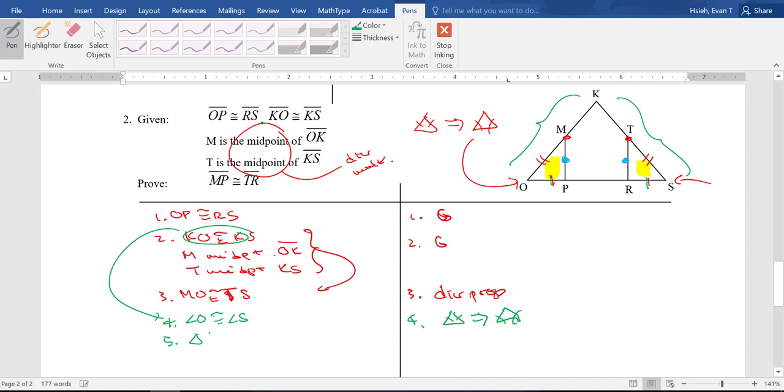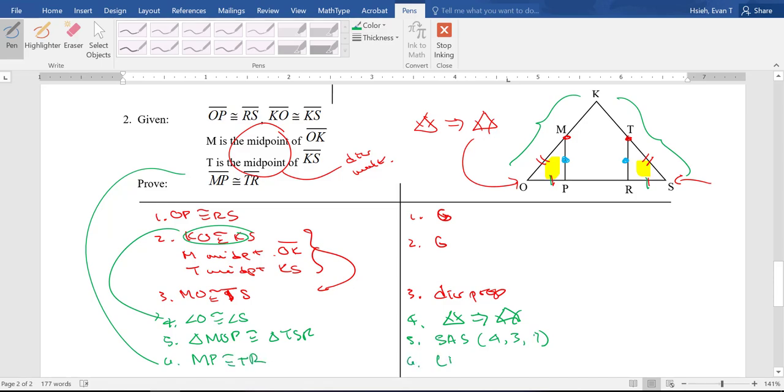So triangle MOP is congruent to triangle TSR by side angle side, from steps 4, 3, and 1. And then CPCTC at the end, so I know that MP is congruent to TR by CPCTC.